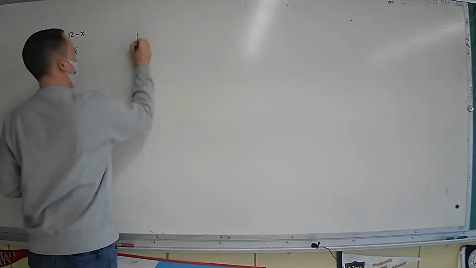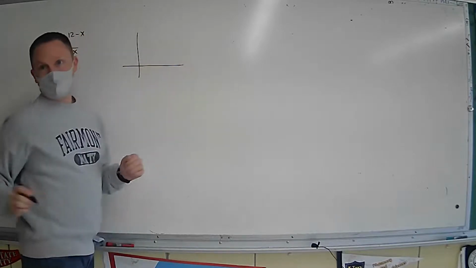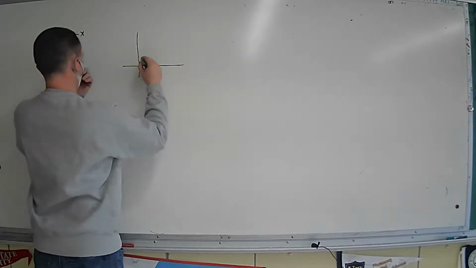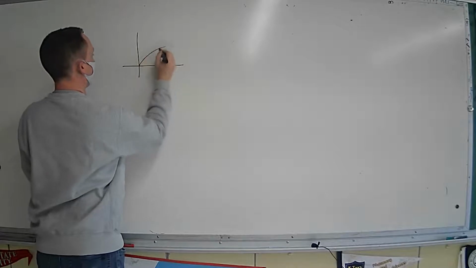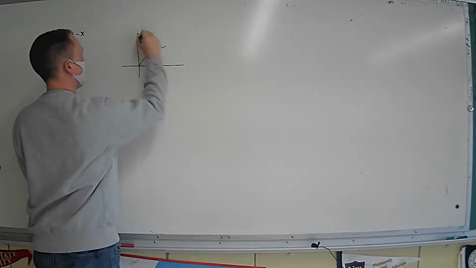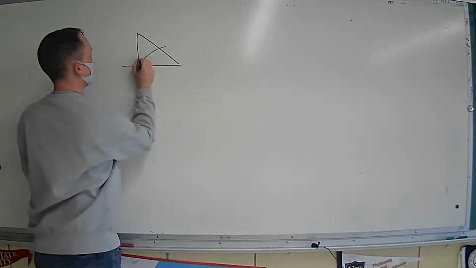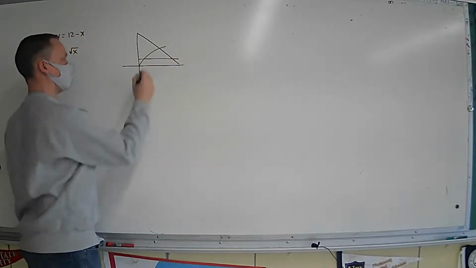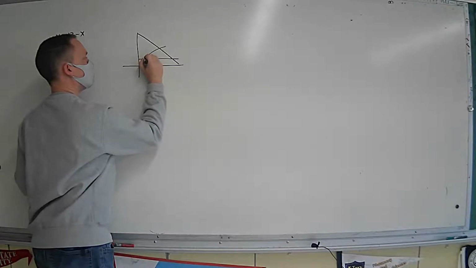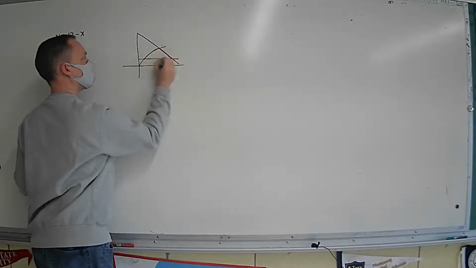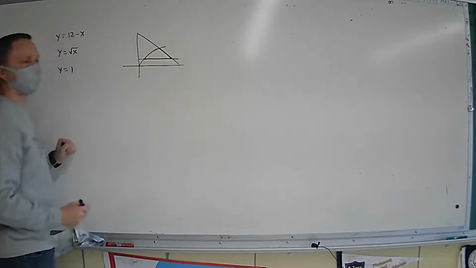If you graph those, maybe you need Desmos to do that. The square root of x looks like this, 12 minus x looks like this, and y equals 1 looks like this. So we're talking about this region right here.